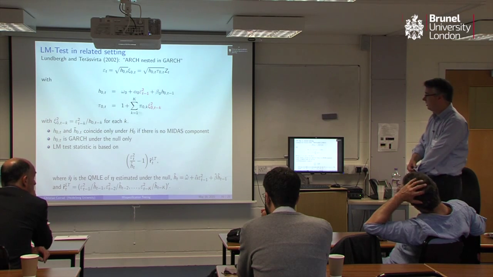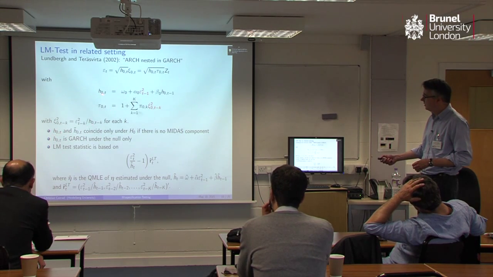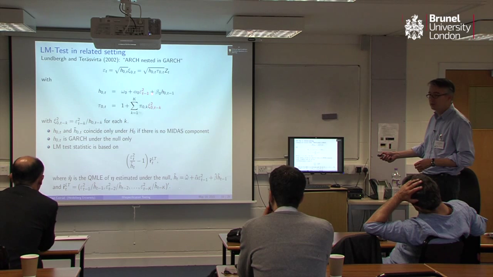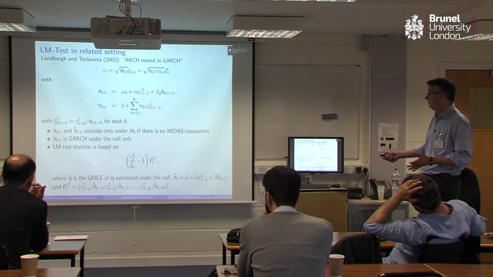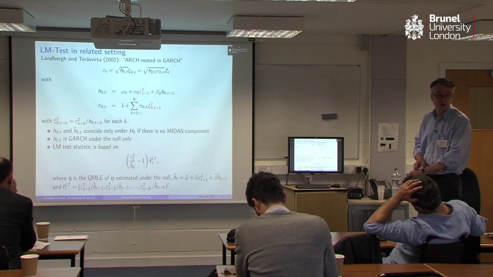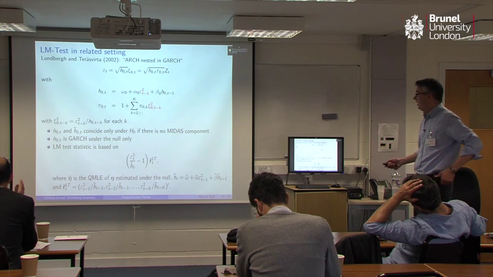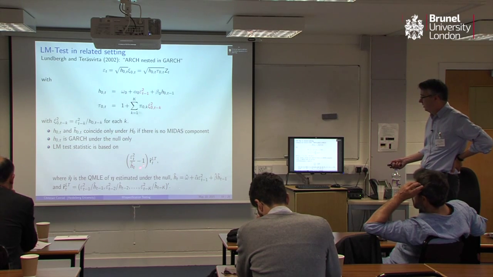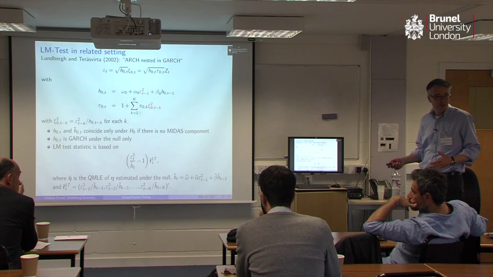But there's now an important difference to our situation. Because you do not divide in this h here the squared epsilon by the tau, their model does not follow, or this equation here is not a GARCH under the alternative. Only under the null it will be a GARCH. And because of this, they look at a similar quantity, but they have here an r, which would be just equal to the x in our case.